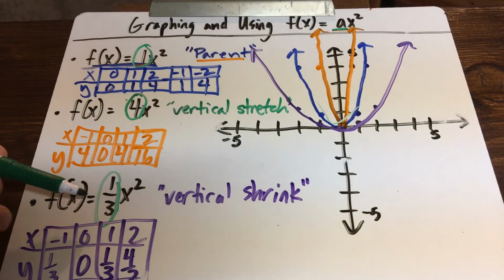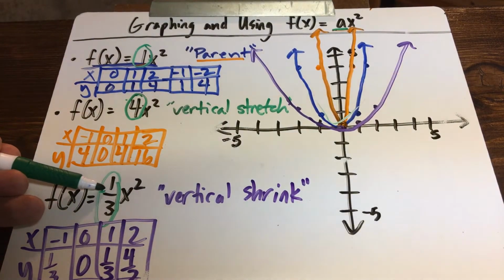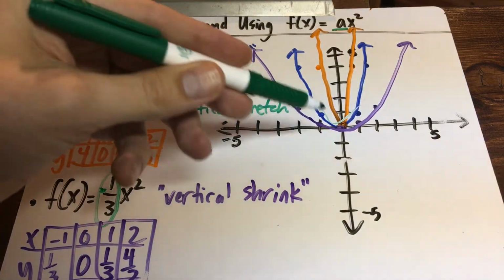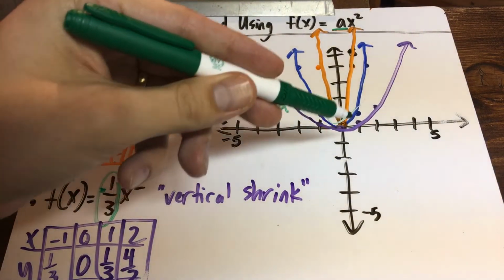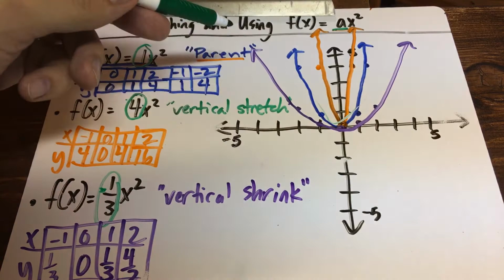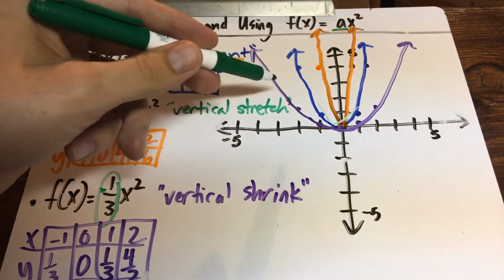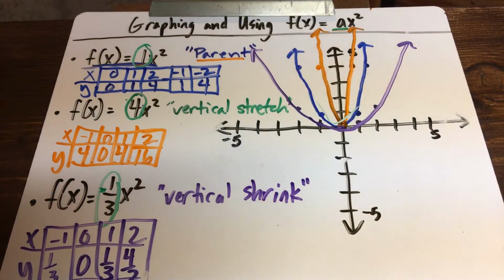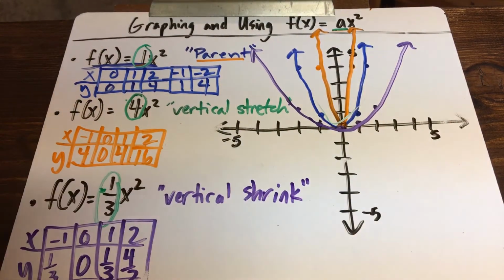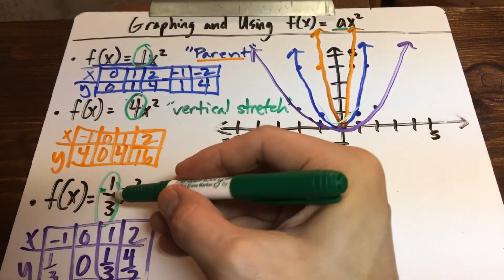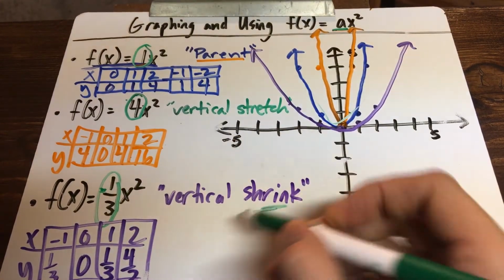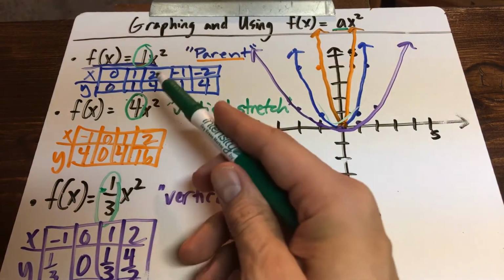If your letter A is less than 1, right? It's a fraction between 0 and 1. Now, all of a sudden, your graph is more wide open. It's more separated. See how far apart those are, the two sides? It's much wider. It's called a vertical shrink because we've taken this number, the letter A, and it has shrunk down lower than 1, right?